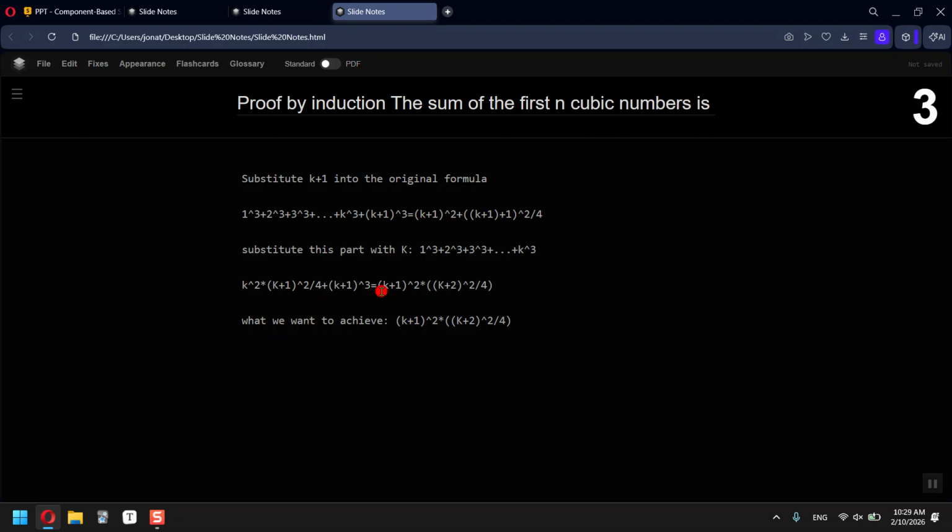We can factor out (k plus 1) squared. So we just take it outside of these parentheses, because if we multiply this here by (k plus 1) squared, we would get this, right? Okay, thank you. Any more questions?